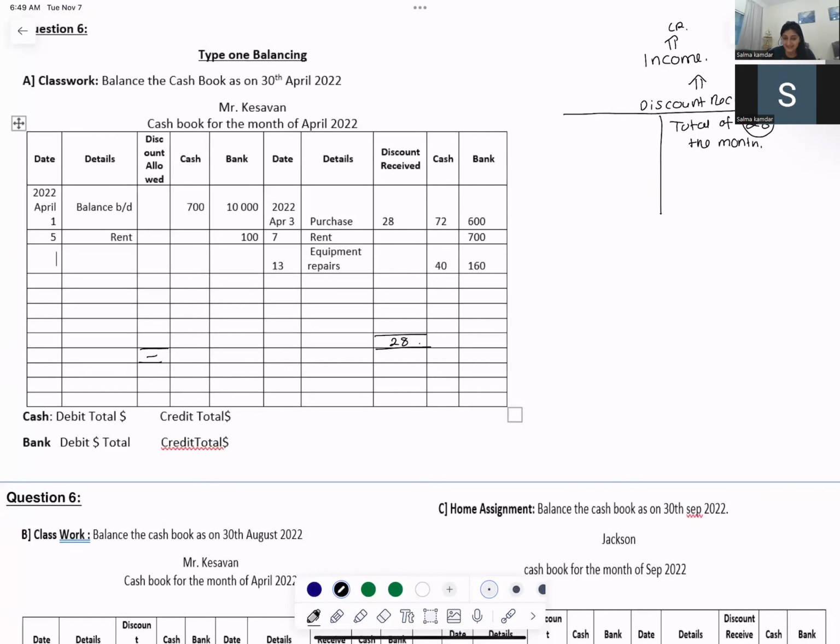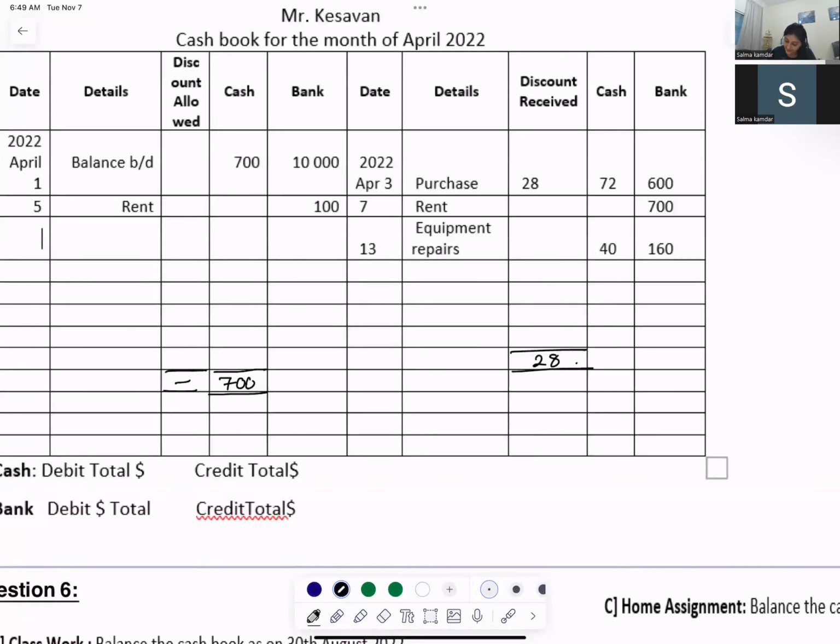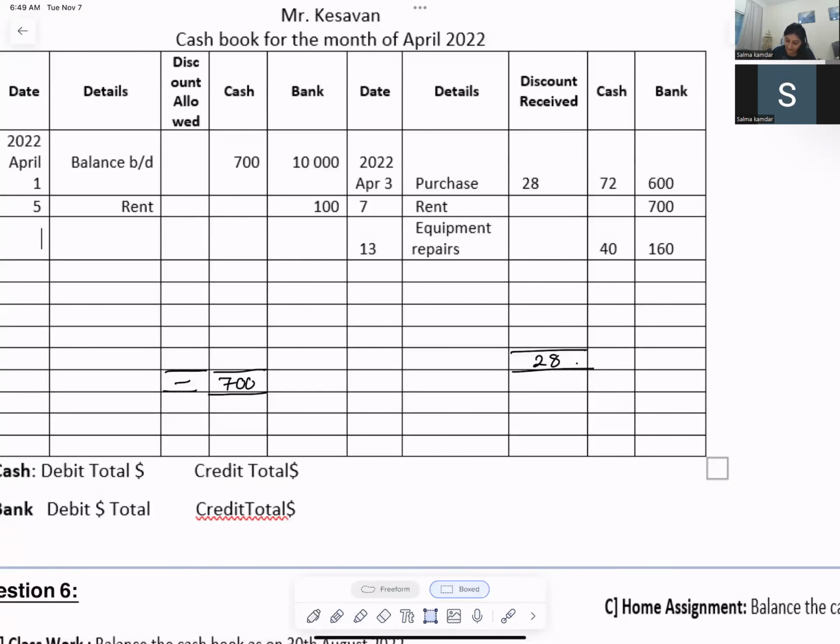Now I am balancing the cash book. When I am balancing the cash book, the debit total will always be more for the cash book and it will be written on both the sides. The totaling should happen on the same line. So the debit of the cash will always be more and the closing balance is on the last date as balance closed down.